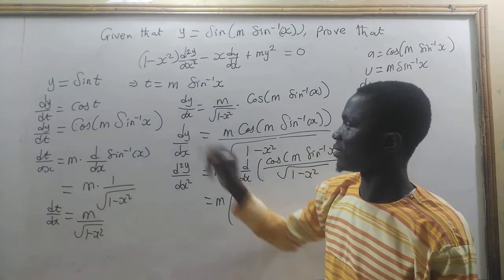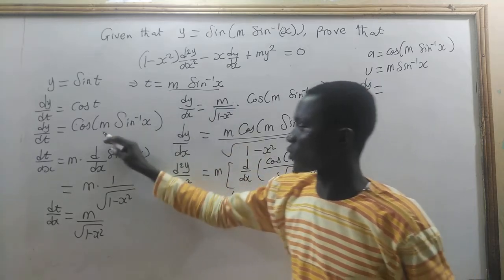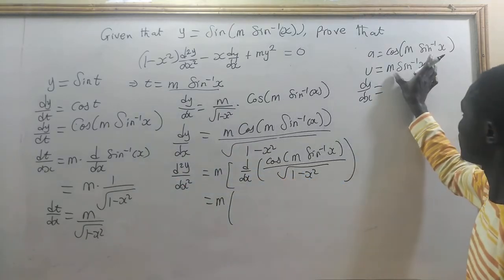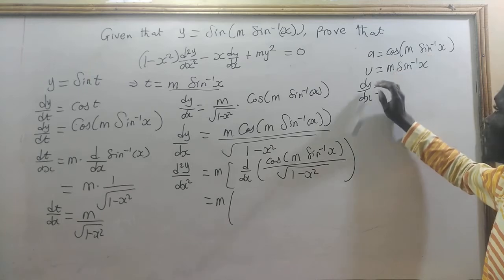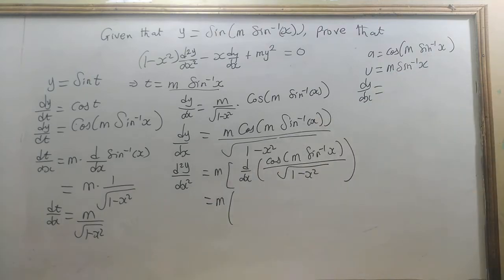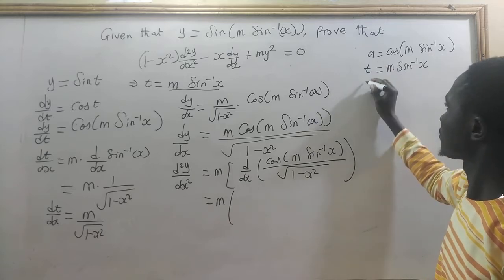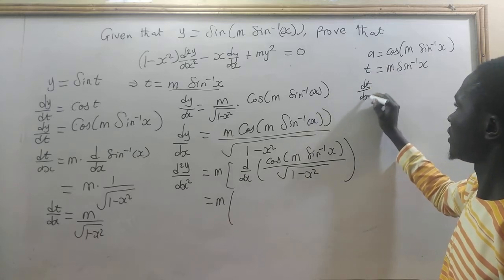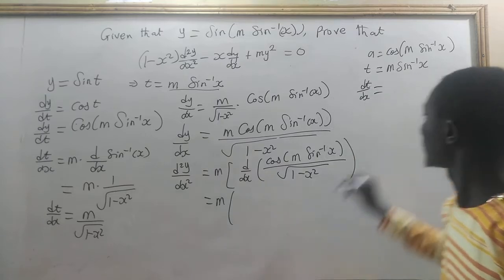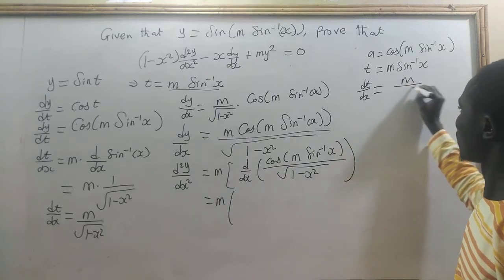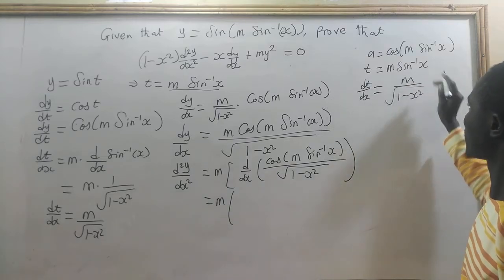The same thing. This is what we've done here. So we follow the same thing to do this. Let's use t here again, t equal to this. We take dt on dx. So it will give us this, m divided by square root of 1 minus x squared.